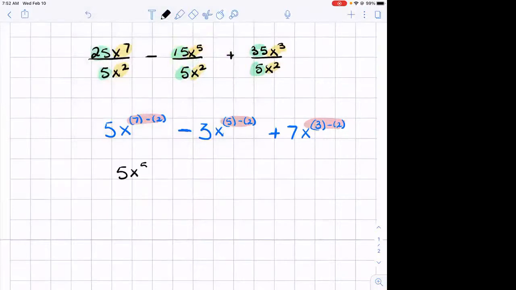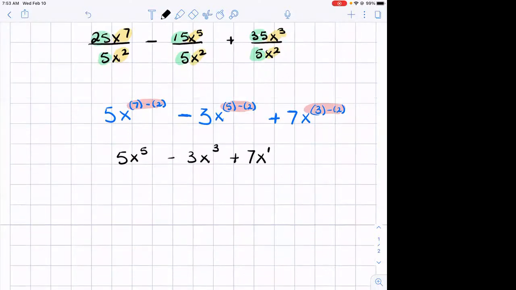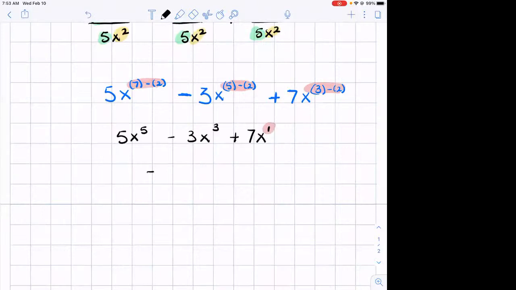5x to the 5th minus 3x cubed plus 7x to the 1. And if you recall, when we have a 1 power, we don't need to write it. So finally, we have 5x to the 5th minus 3x cubed plus 7x.